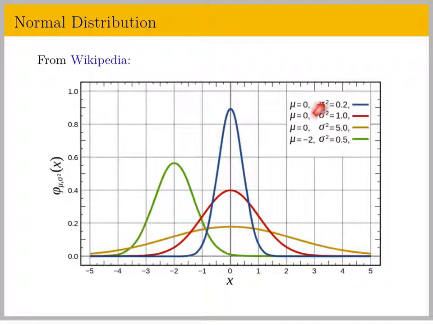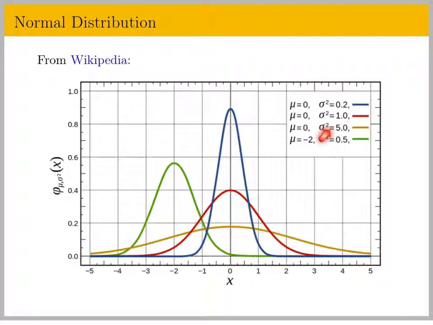You can see over here the sigma squared parameters show varying amounts of dispersion. The blue is the least dispersed right here. It's a very tight distribution. The red is more dispersed than the blue, which is why it has a larger variance. It has a variance of 1, whereas the blue only has a variance of 0.2.